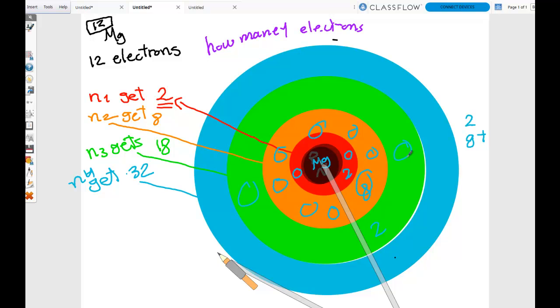Those electrons will not be on the same level. Inside the shells, there are subshells.